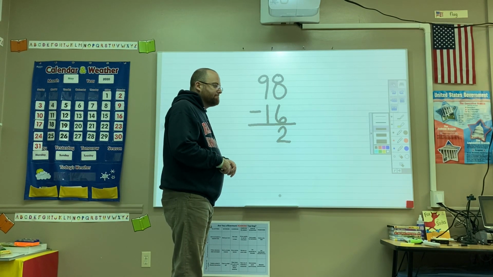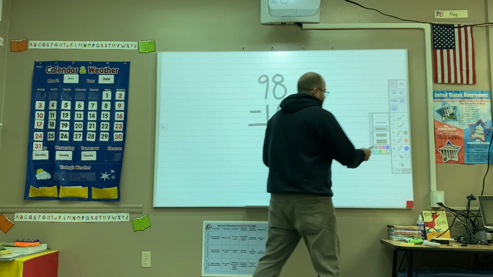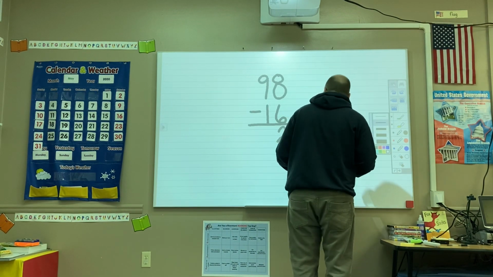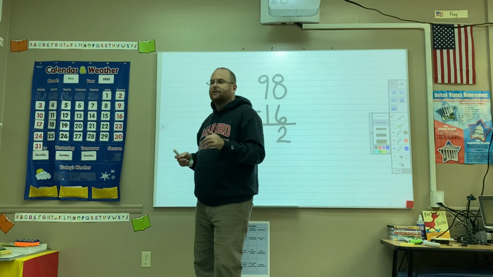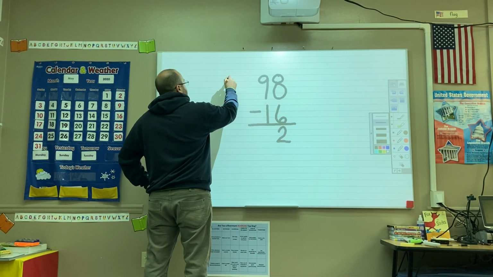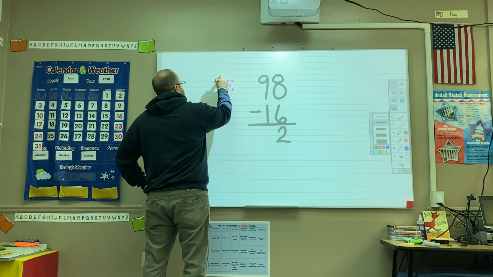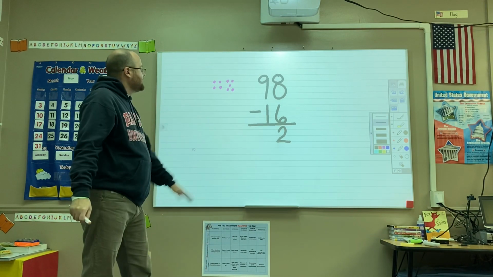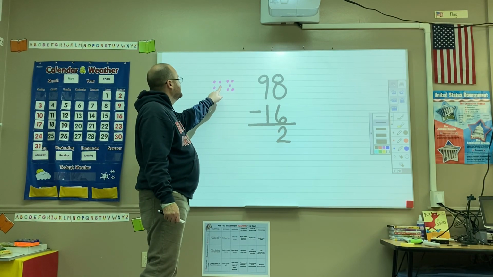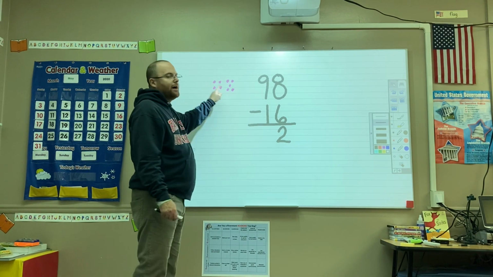Let's see here. You know, with this one, I kind of do want to draw dots because it's a little big, but it's not too big, but it's a little big. All right. So what I'm going to do is I'm going to draw 9 dots. 1, 2, 3, 4, 5, 6, 7, 8, 9. 9 dots.